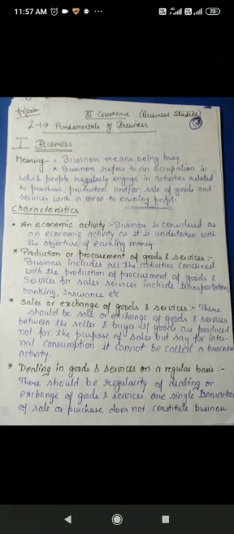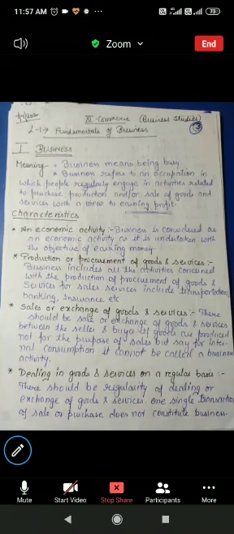It will not constitute a business activity. Why? Because you are doing it for your own. This is not your business. And suppose you are having a business of buying and selling old cars, then it can be called a business activity. I'm clear to everyone, right?